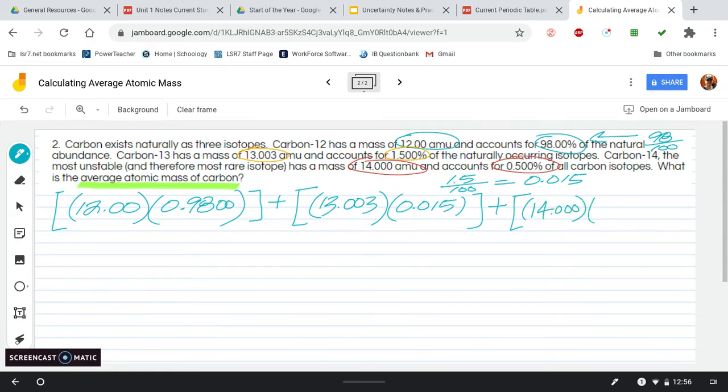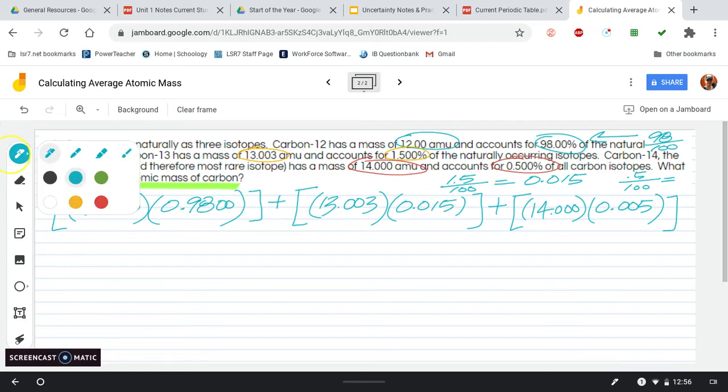And then we're going to go ahead and multiply that by this 0.5. So it'd be 0.5 divided by 100. Move the decimal two spots to the left. You're going to get a very small number, which is half of a percent. So fairly insignificant. And then we're going to get an answer.